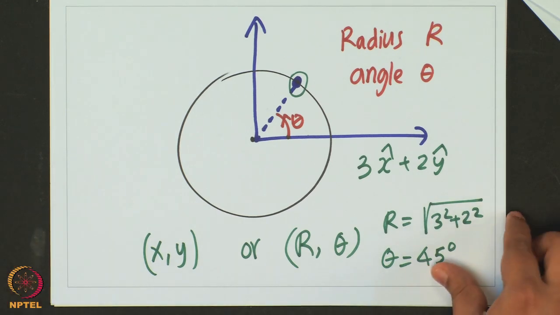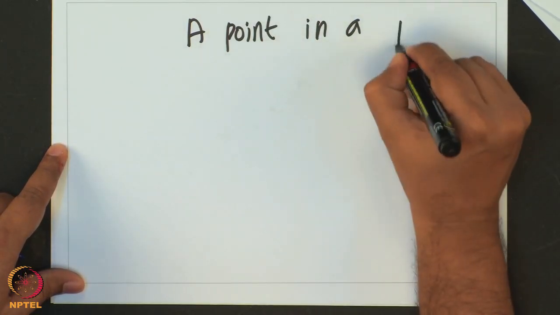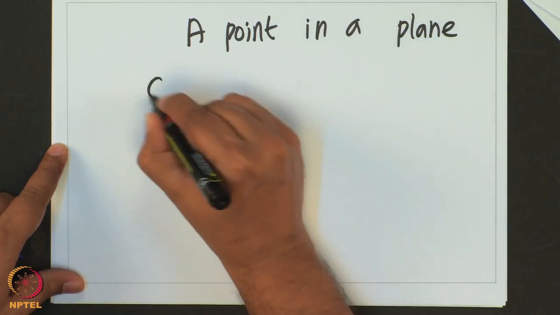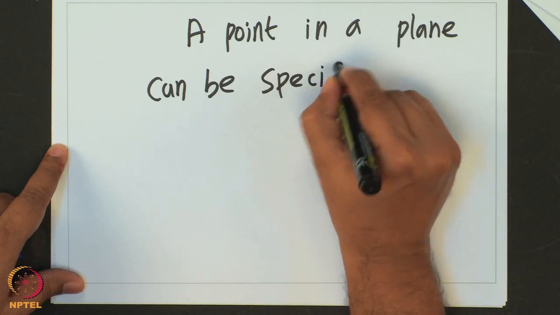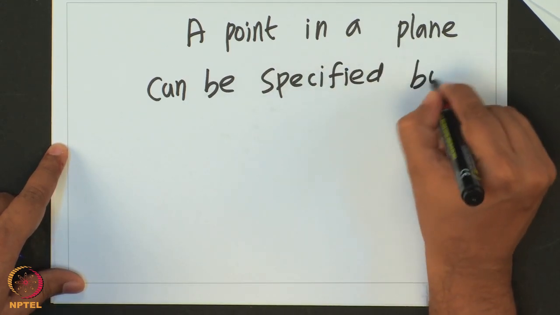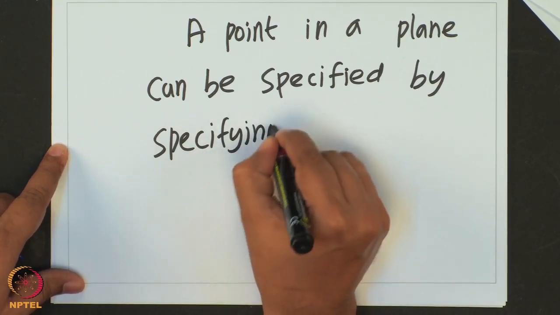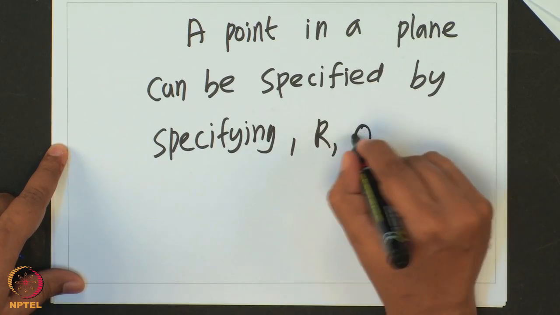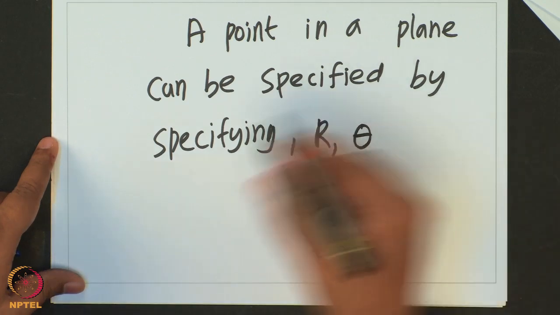The precise statement is the following: a point in a plane can be specified by specifying some radial distance r and an angle theta with respect to the x-axis in the counterclockwise, anti-clockwise direction.